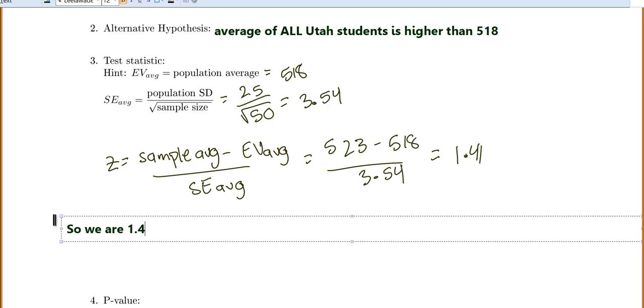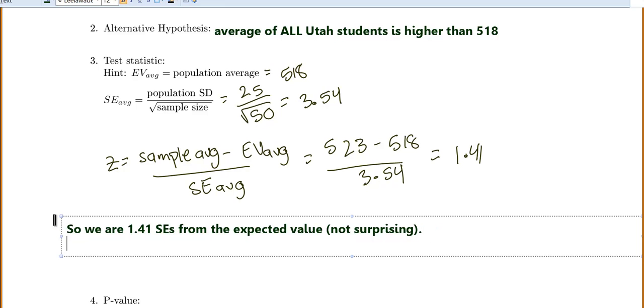So we are 1.41 standard errors from the expected value. So that is not surprising. So maybe the null hypothesis is going to be plausible.